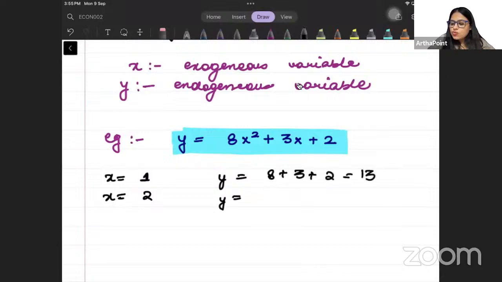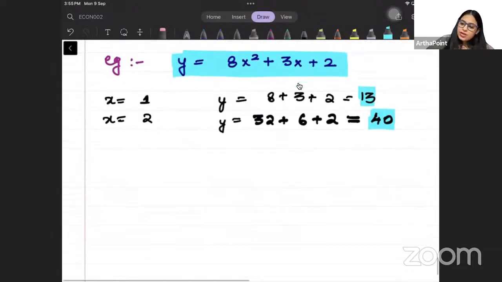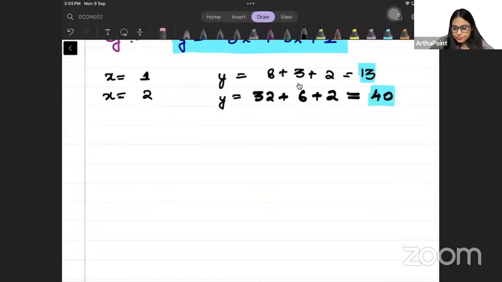Here you will get 2 into 2, 4, 32 plus 3 into 2, 6 plus 2, 40. So Y depends on what value of X we have chosen. हमने X का क्या value choose किया है, उस पे depend करेगा कि Y क्या आएगा. Right? So that is the first example. ठीक है बेटा, एक और example लेते हैं.